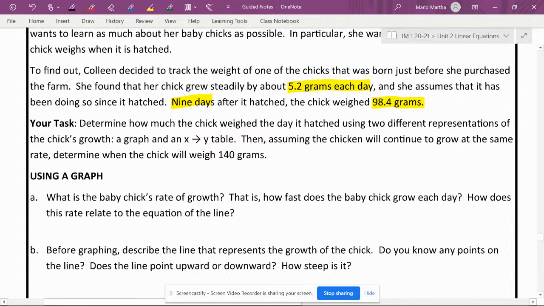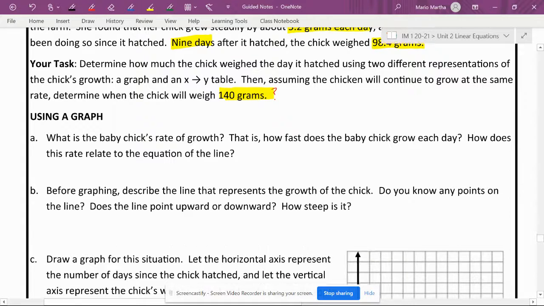So our task: determine how much the chick weighed the day it hatched using two different representations of the chick's growth: a graph and an XY table. Then, assuming the chick will continue to grow at the same rate, determine when the chick will weigh 140 grams. So when will it weigh 140 grams?